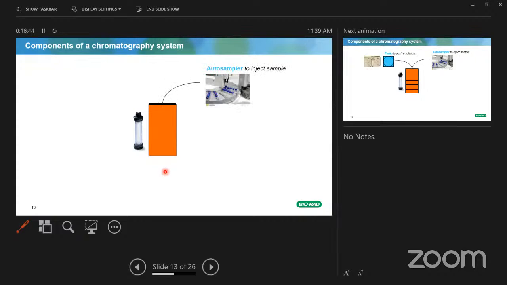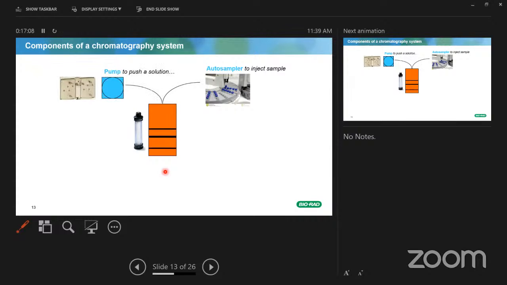One is an auto sampler. Whatever samples you want to separate out can be a mixture of 2, 3, 5 compounds, or individual compounds, or a main compound along with impurities that you want to monitor. You need an auto sampler to inject the solution into the column. So one component is the auto sampler.